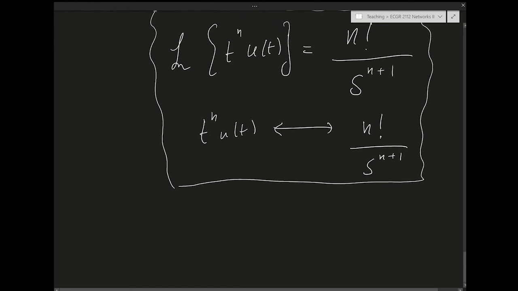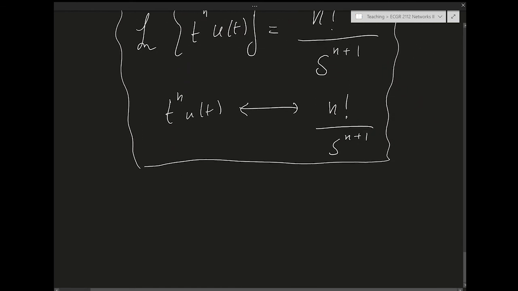All right. So also we can time shift this, right? If I have (t minus a) to the power n times u of (t minus a), be careful here. If I shift the t that's underneath the power of n, I also need to shift the t in the u. When you shift in time, you need to shift in time uniformly.